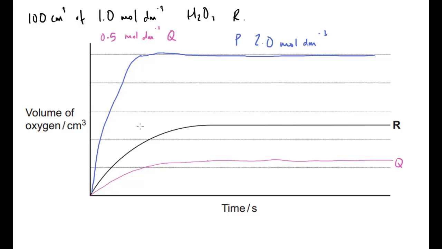Final line, I could say, well, and let's see if I've got another colour for this. Yeah, just about. I could say, well, line X was at a higher temperature. And again, this is GCSE.